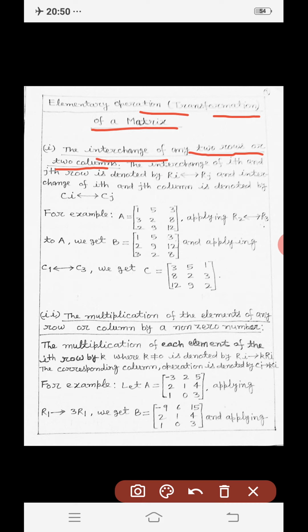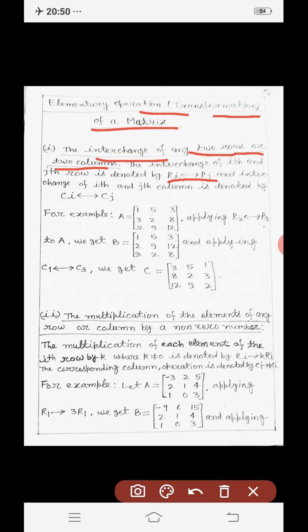Symbolically, the interchange of ith and jth rows is denoted by Ri interchange with Rj, and the interchange of ith and jth columns is denoted by Ci interchange with Cj.